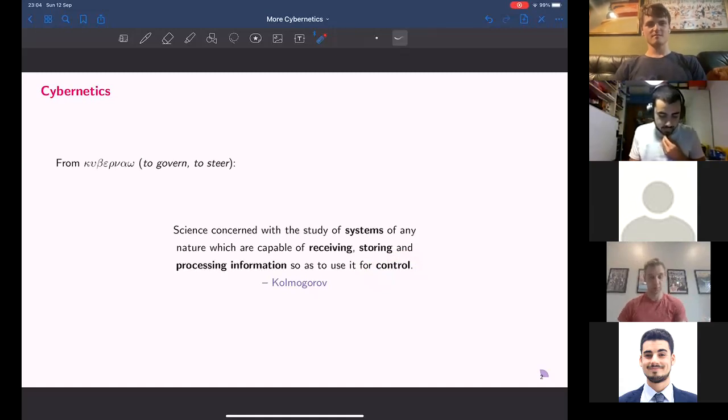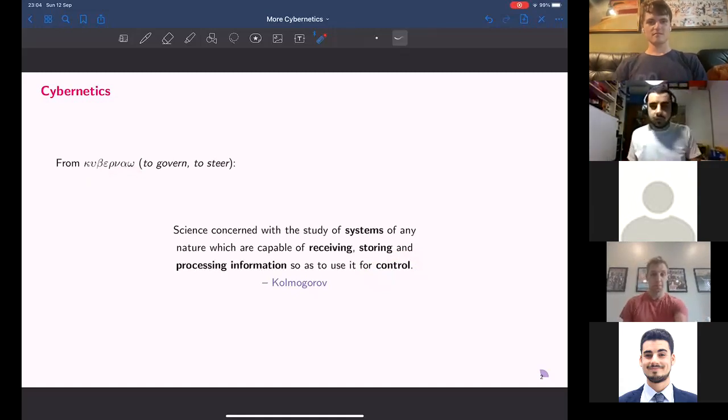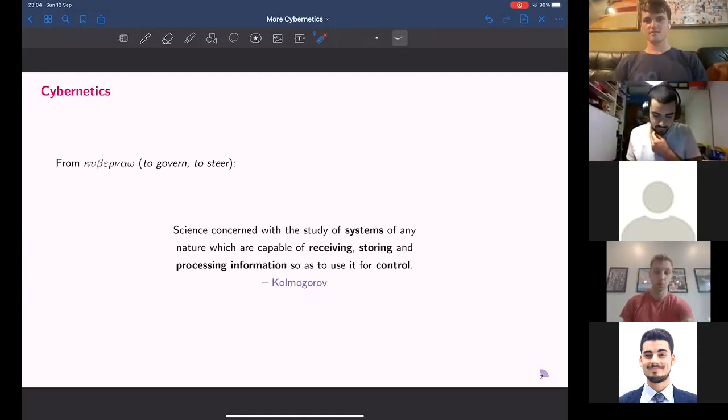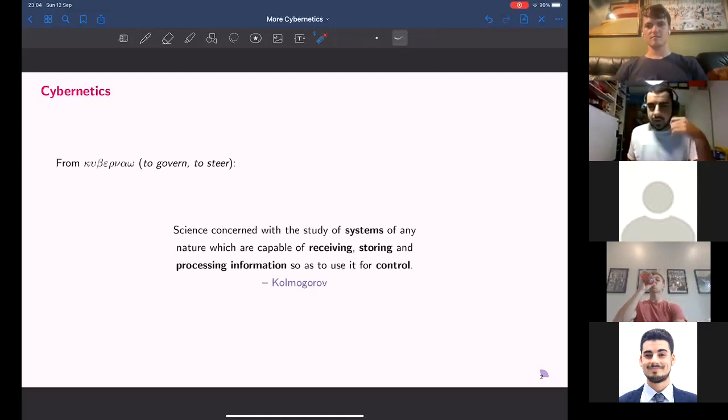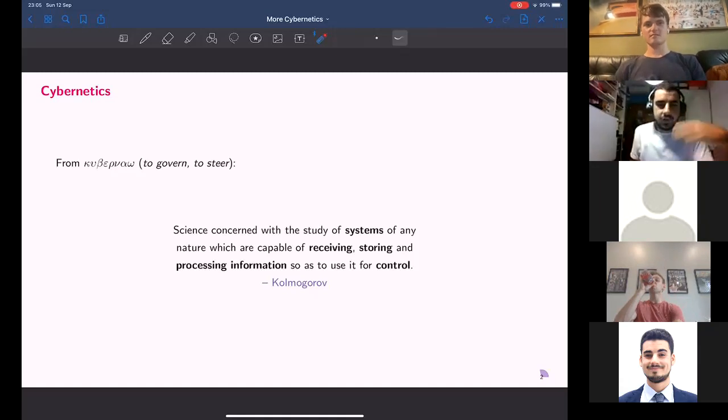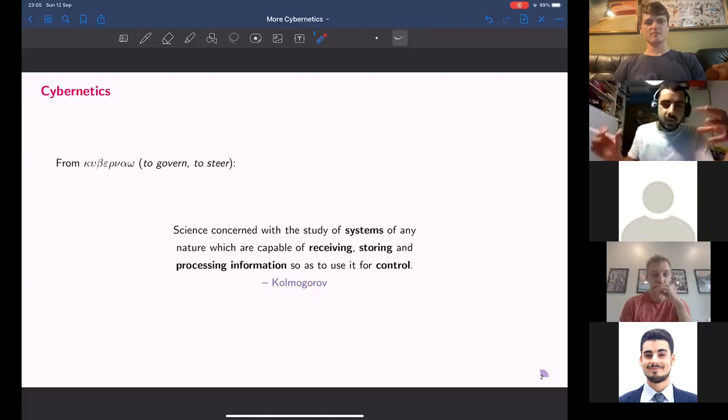Indeed, the word cybernetics itself is derived from kubernao, which is Greek for governing, controlling, steering. The word was invented by some guy in the 1800s, but then reused by Norbert Wiener when he had to find a name for this new science that philosophers, mathematicians, engineers and social scientists were discussing in the 50s.